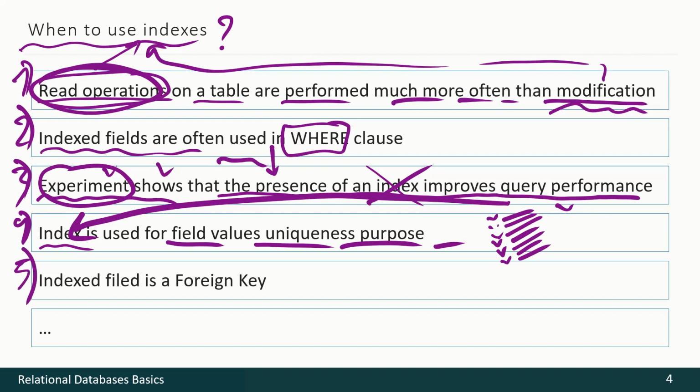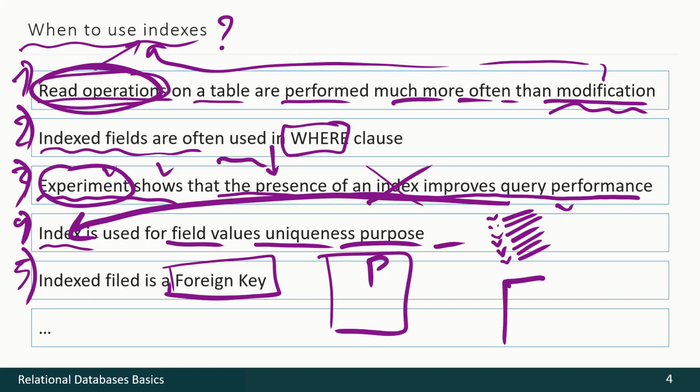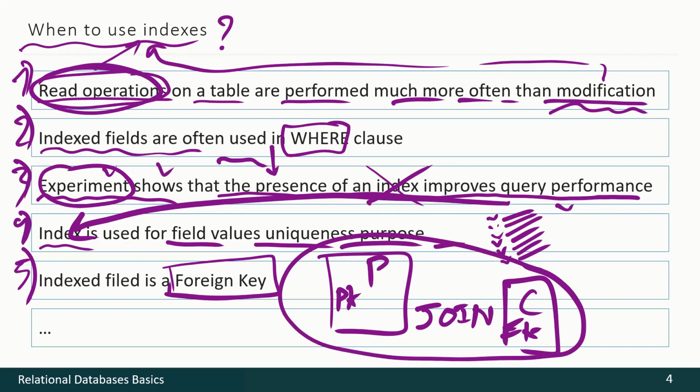And when you make a relationship between relations, you should put an index on a foreign key. Because when we have a parent relation and a child relation, we have a primary key here and a foreign key here, and we usually use something like a join SQL query to connect those relations.